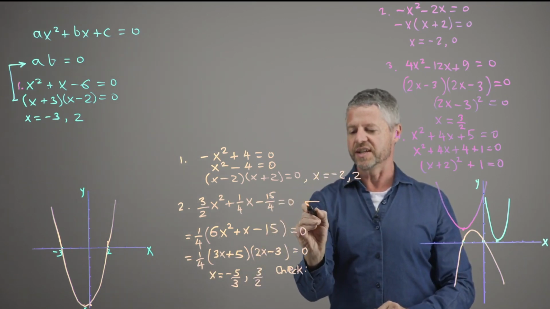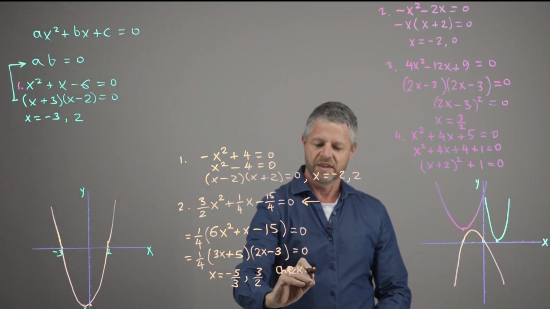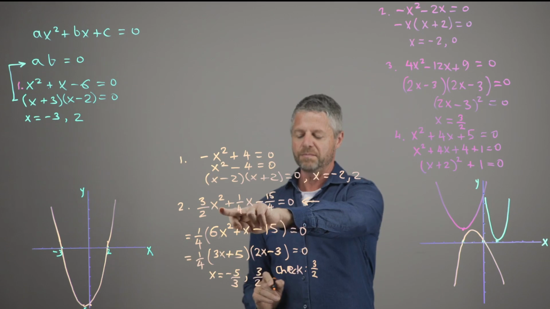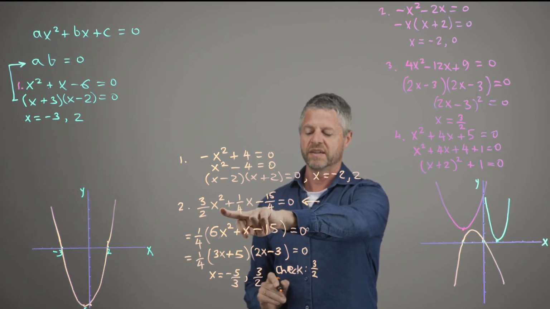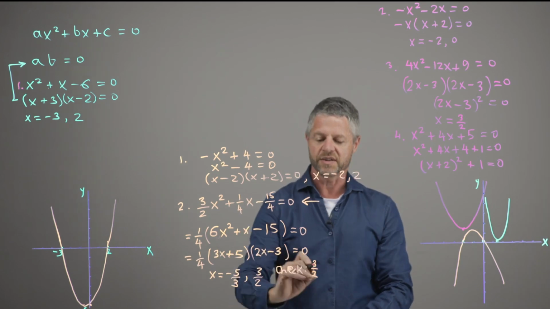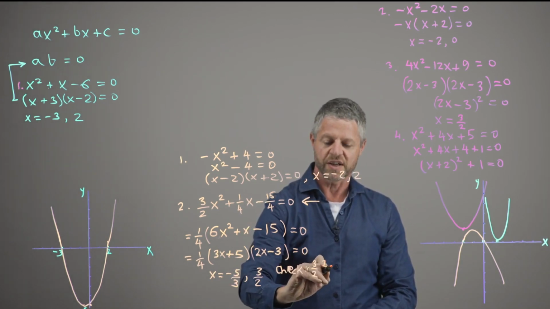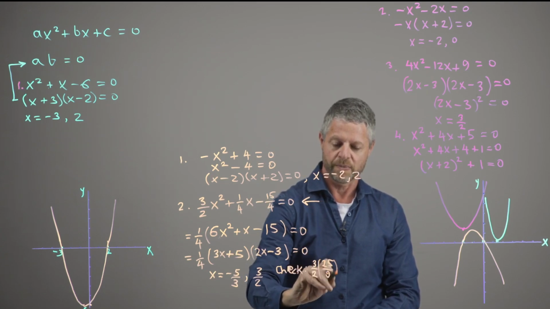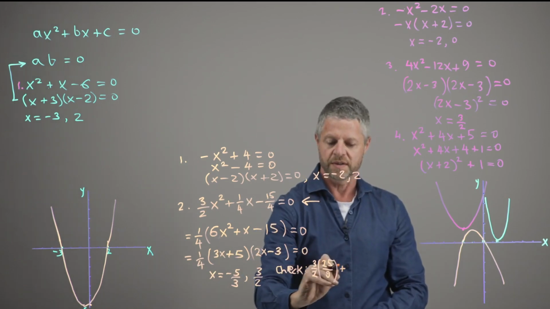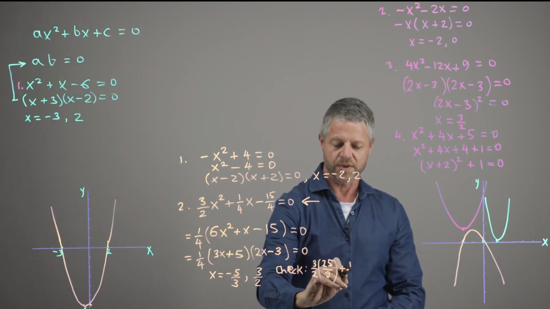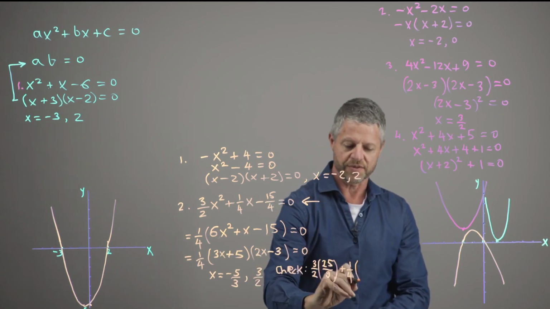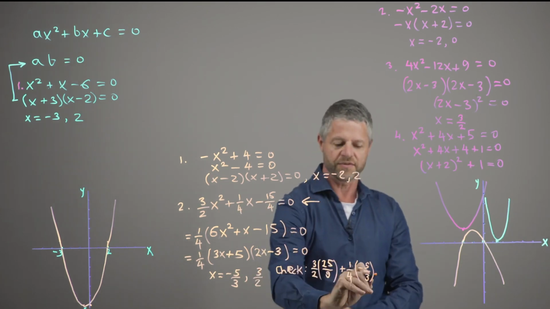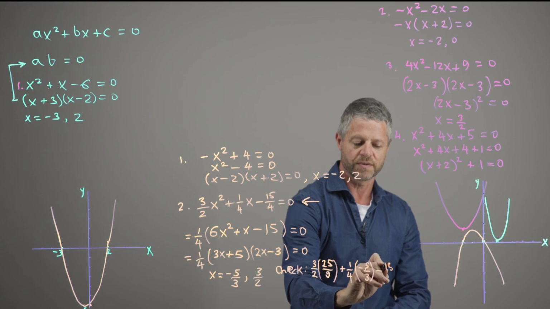So remember, to check I need to go back to my original equation. So I'm going to have 3/2 times minus 5/3 squared. So minus 5/3 squared would be 25/9. And then I've got a quarter times x. So 1/4 times minus 5/3. And then finally I've got minus 15/4.